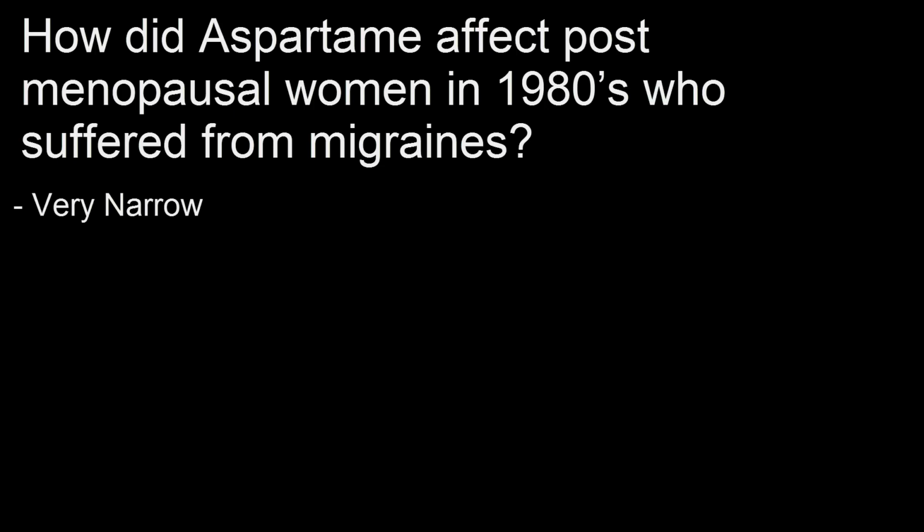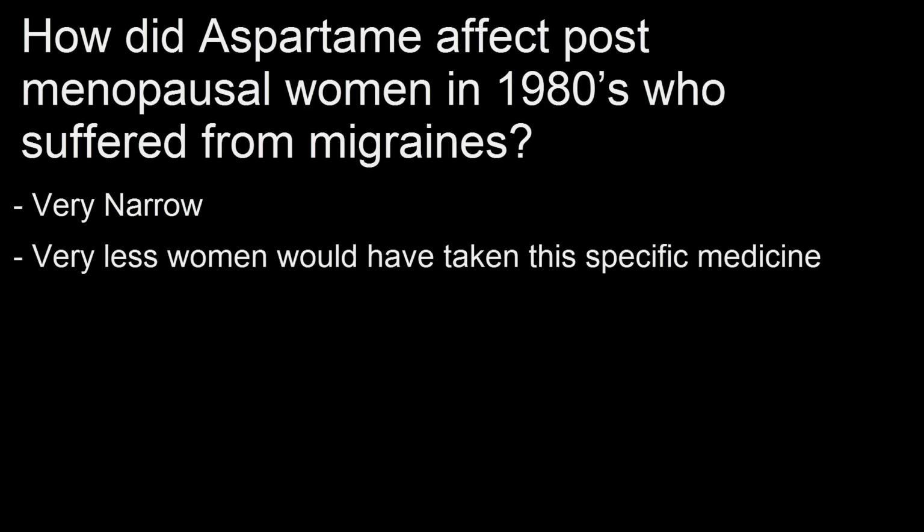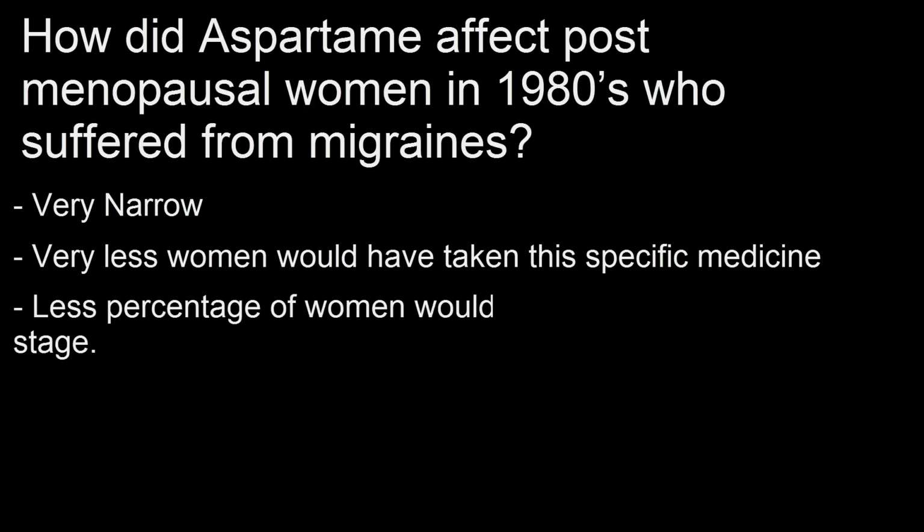Very few women would have taken this specific medicine, and among the population, only a small number of women would be in the menopausal stage. So that is also an issue here.